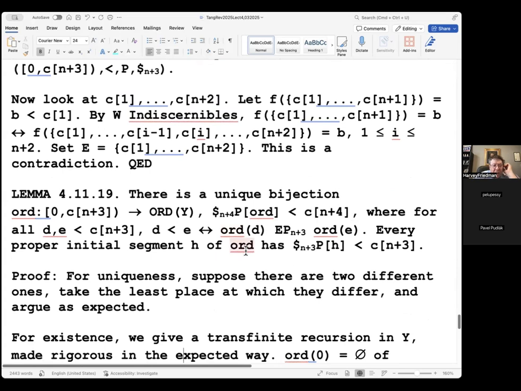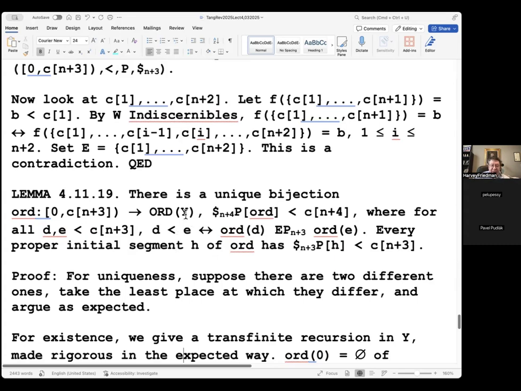All right. Now, we have to have an ordinal function. In other words, in order to transfer this large cardinal thing internally into the model of ZFC, given any point in 0 through Cn plus 3, we need to know what element of the structure that ordinal is going to be.